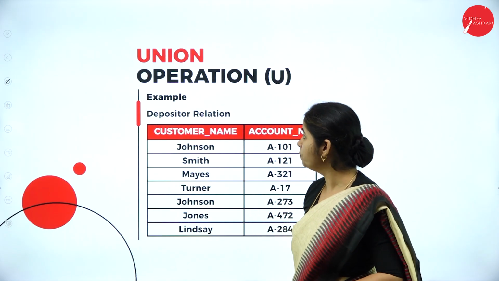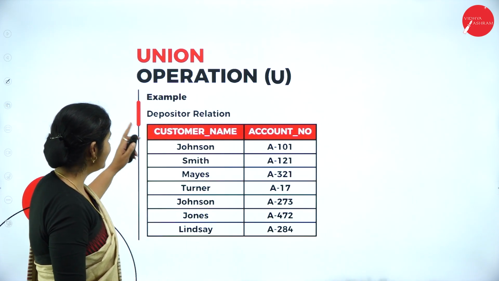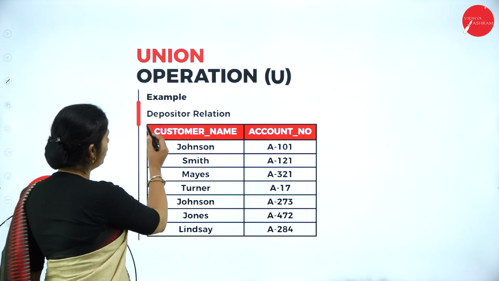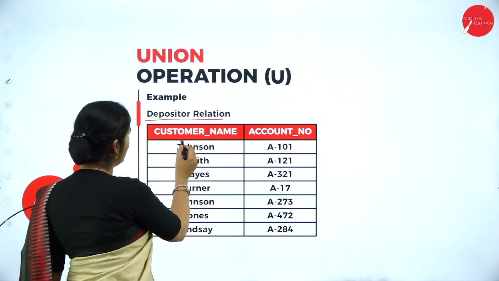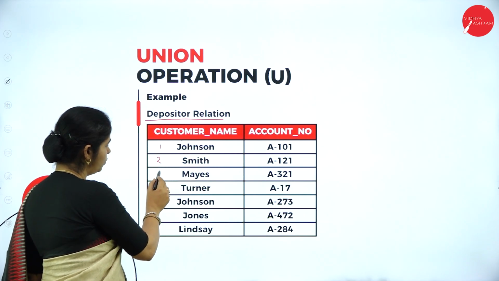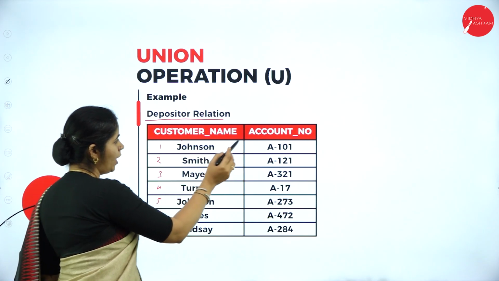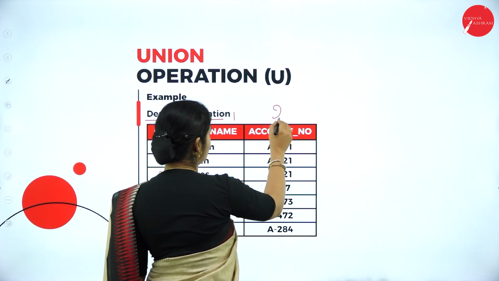Next we will move on to the union operation example. They have taken the depositor relation. What is the table name? The table name is depositor. How many rows do we have? 1, 2, 3, 4, 5, 6, 7 rows. And how many columns? 1 and 2 columns.